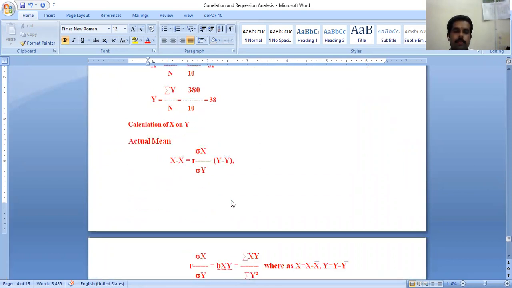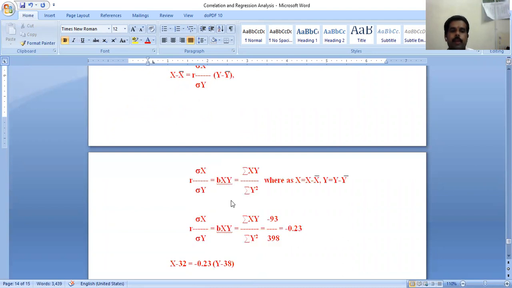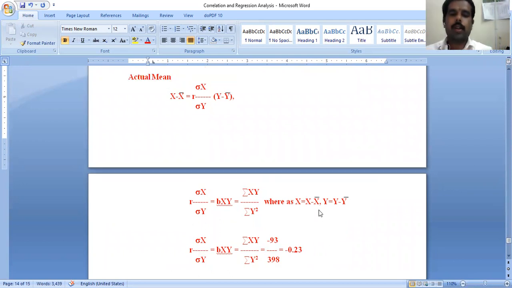The next one, r into standard deviation x divided by standard deviation y, is written as bxy. Again, this bxy is expanded into sigma xy divided by sigma y square. Then here, observe carefully the sigma xy and sigma y square values.